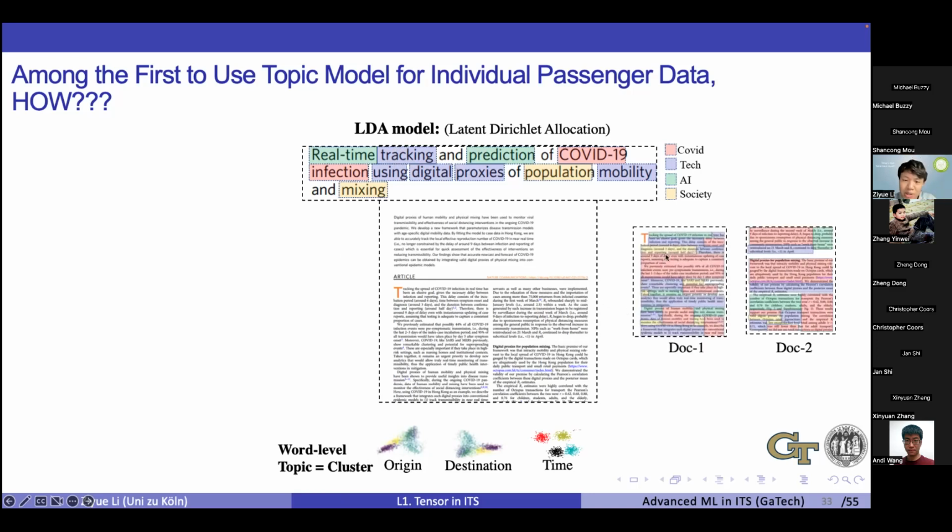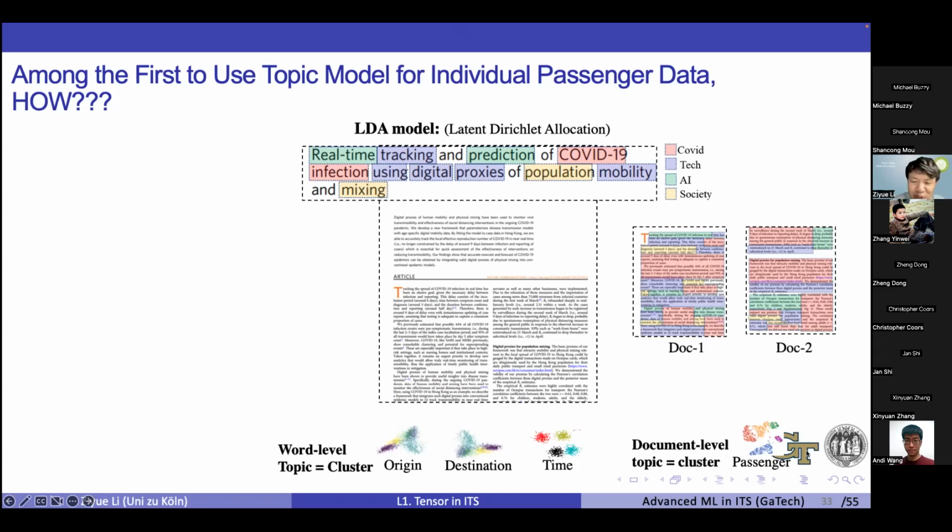Once we get the color distribution for document 1 and for document 2, if the two documents have a similar color distribution, then document-wise they are from the same cluster. In that case, we can cluster passengers in a similar way.